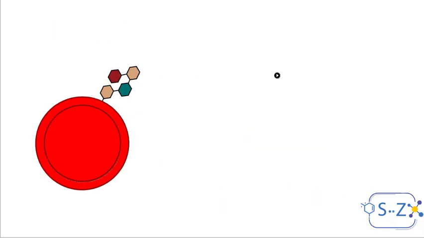And finally, sometimes the red blood cell has neither antigen A nor antigen B. It has the carbohydrate chain without any molecule attached to it. So the carbohydrate chain is already there, but it doesn't have this special molecule connected to it. So it doesn't have antigen A or antigen B. No antigen, no agglutinogen.